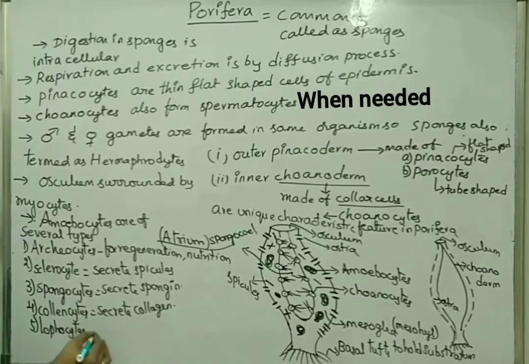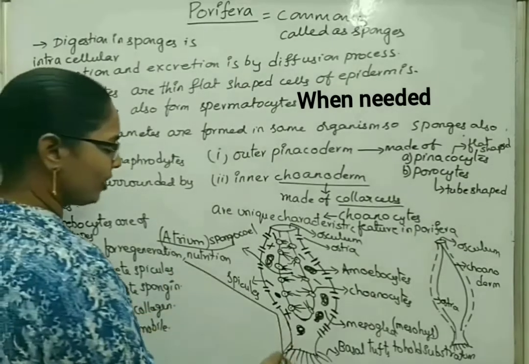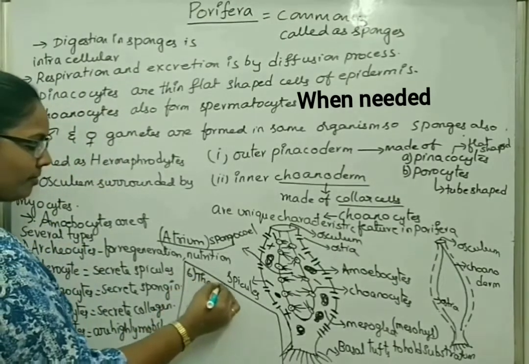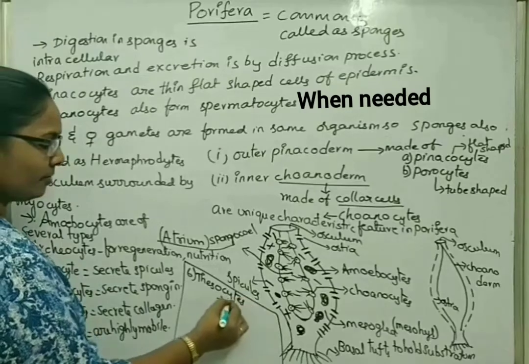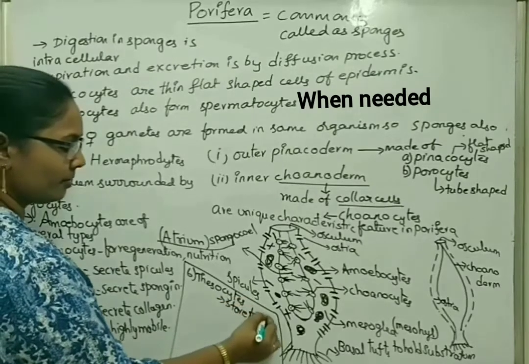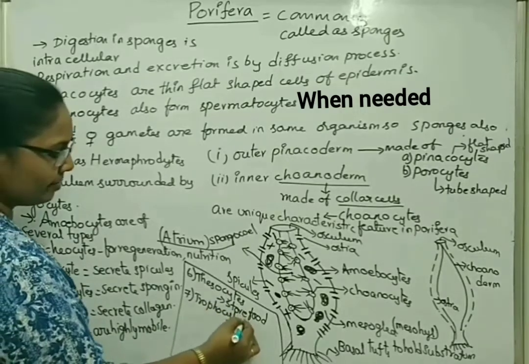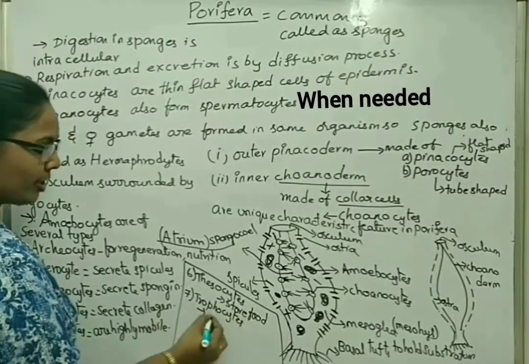Leukocytes, they are highly mobile. Next is physocytes. They help in storing of food. Next one, trophocytes. They help in absorption of nutrition.